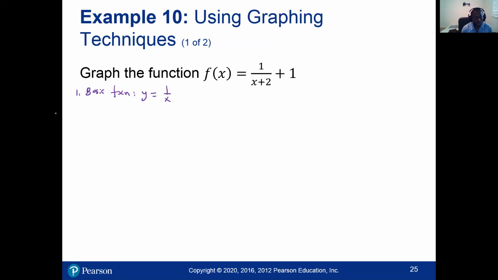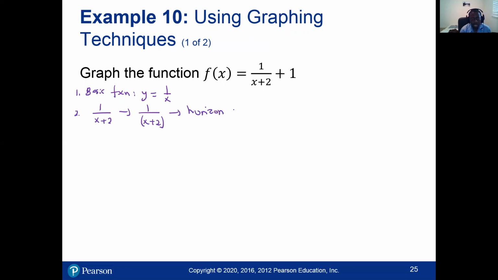Okay. So if you have step 2, we have 1 over x plus 2. This is the same as saying x plus 2, like that. You can put in parentheses. And you see that this is a horizontal shift.